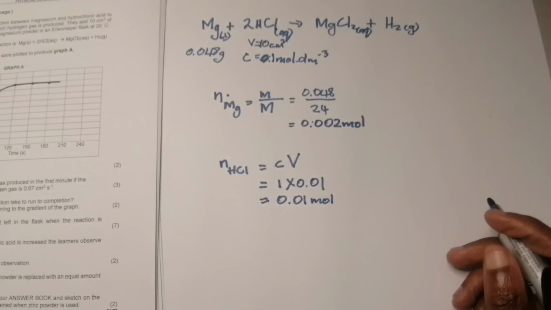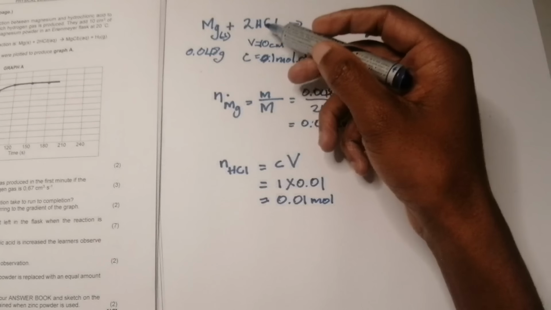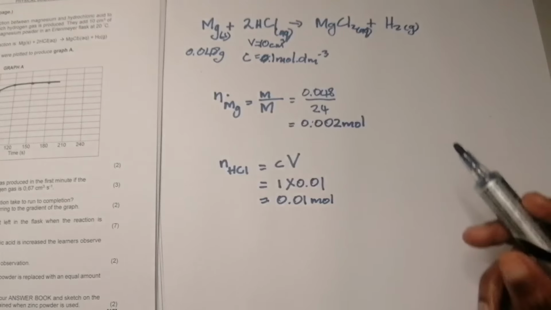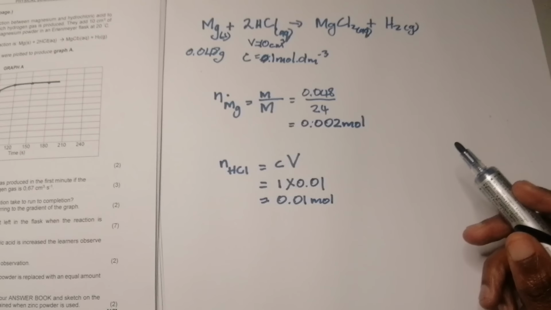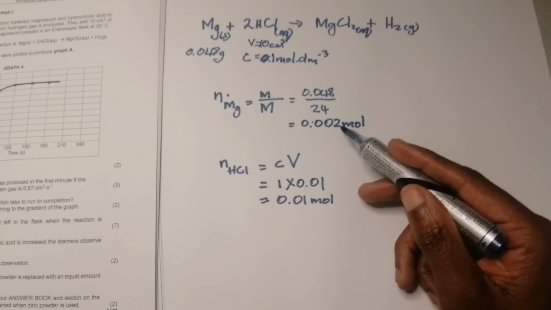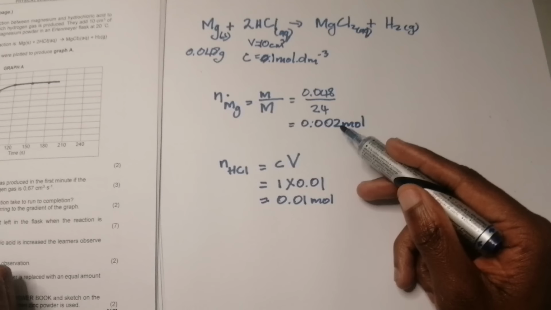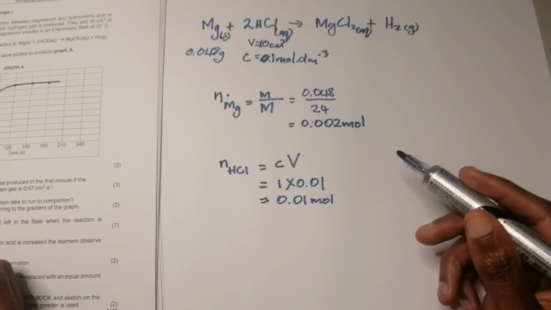Okay, right. If I look at it by inspection, without necessarily having to look at it much, look at this. For every 1 mole of magnesium, you need 2 moles of hydrochloric acid. So if you have those number of moles of magnesium, 0.002, you'd need twice the amount of hydrochloric acid.